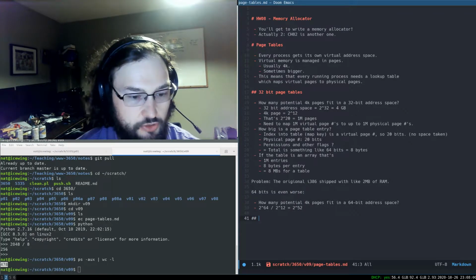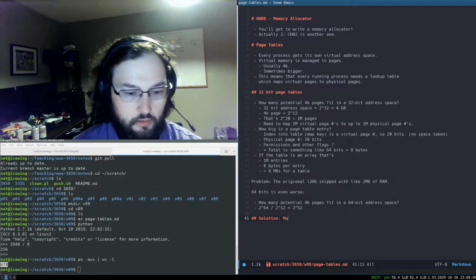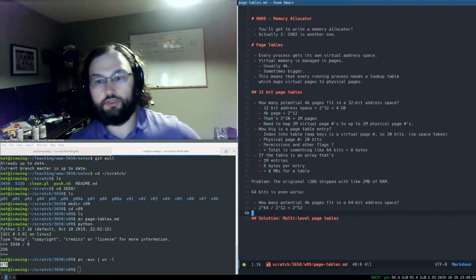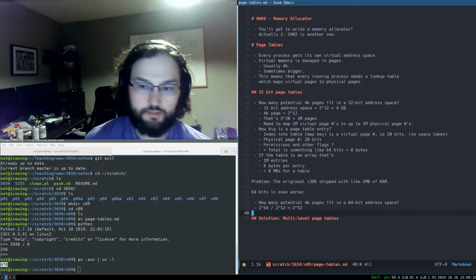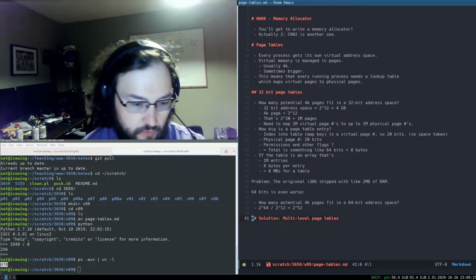So the way this is actually implemented is a solution called multi-level page tables. There's a couple ways we could implement this. We could say that we were going to do hash tables. We can't do hash tables.